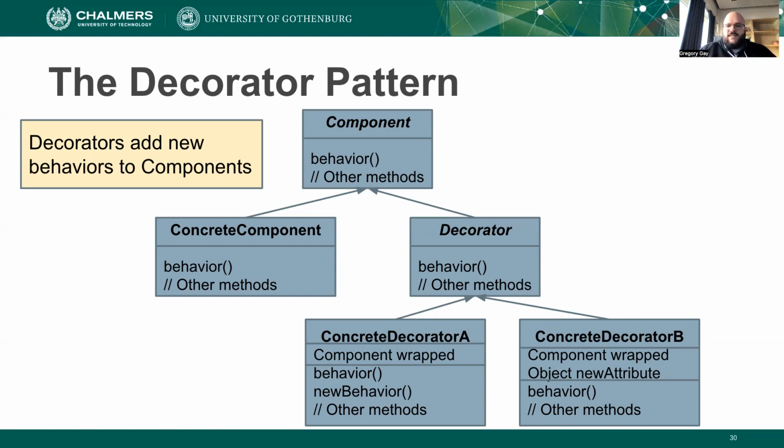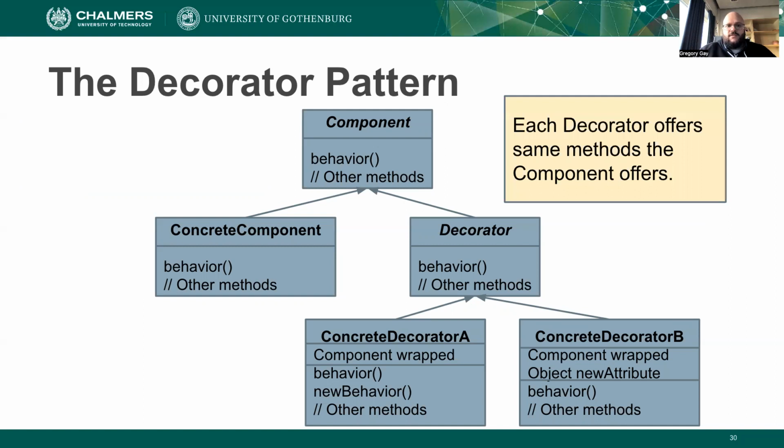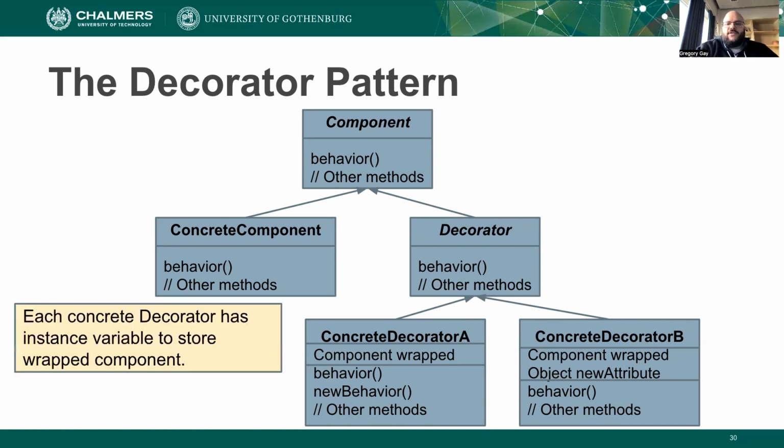So we've got a base decorator that defines what decorators must offer. Since it inherits from the component, all decorators offer the same methods the components offer, in addition to anything they would add. Decorators contain an instance variable to store the object being decorated. That's how we keep track of what is being wrapped.